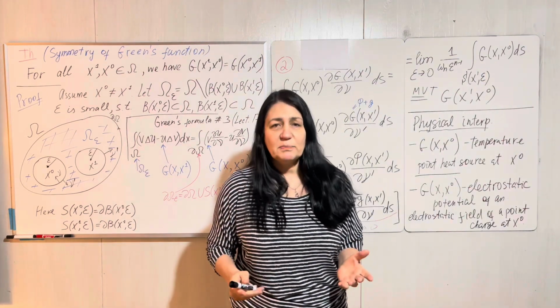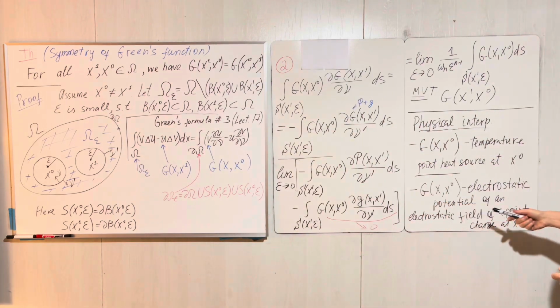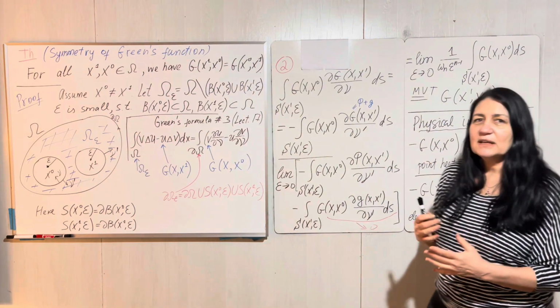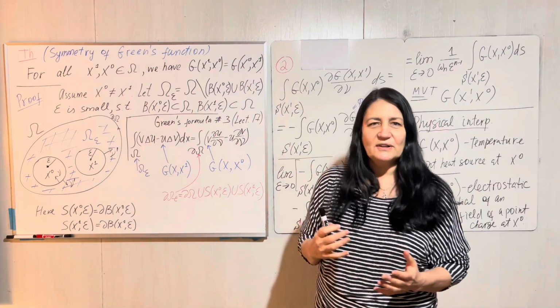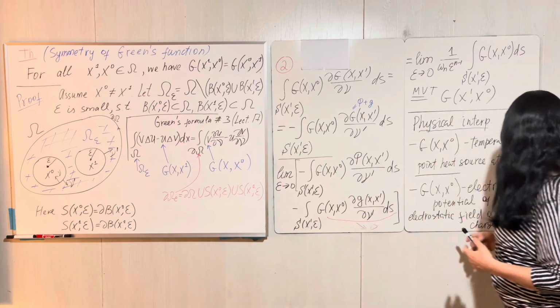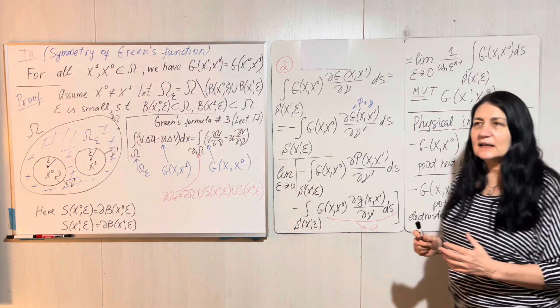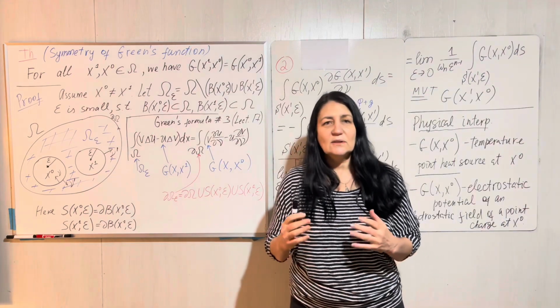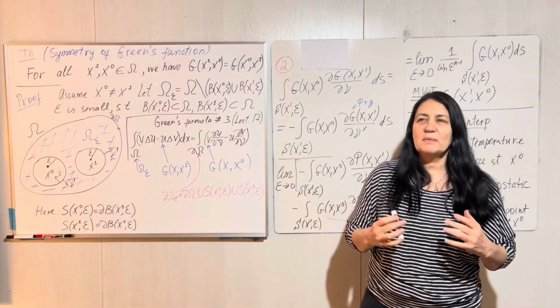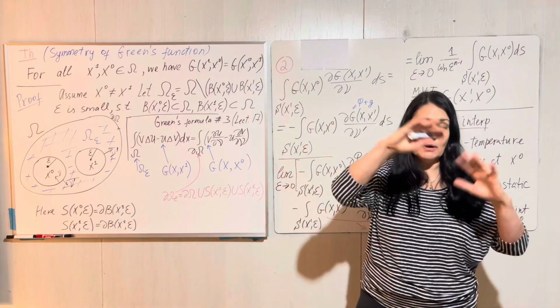Or, as another interpretation, we can think of function negative g as the electrostatic potential of an electrostatic field generated by a point charge located at point x0. And basically, what does it mean to find Green's function? We want 0 on the boundary, right?